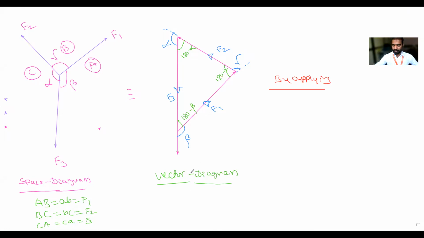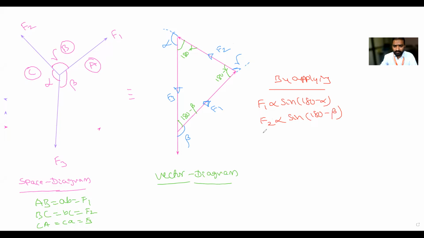As per applying the sine rule, what does the sine rule say? Each force is directly proportional to the sine of the angle between the opposite two forces. So this is F1 force. F1 is directly proportional to sine of 180 minus alpha. F2 force is directly proportional to sine of 180 minus beta.